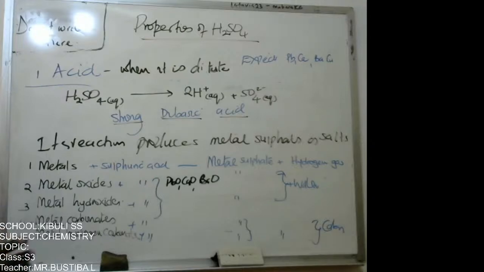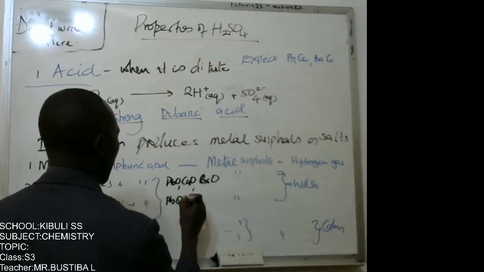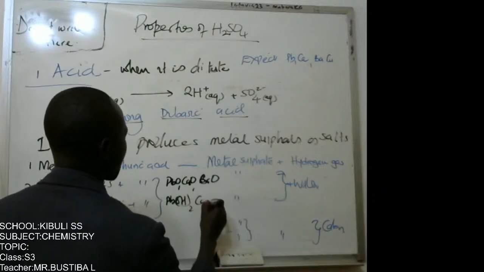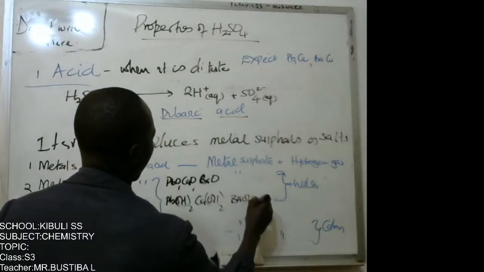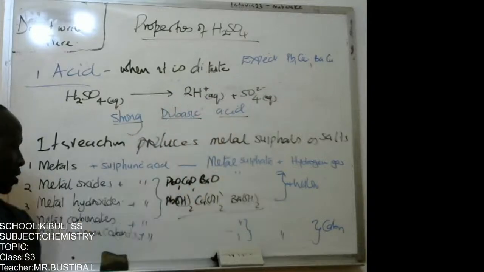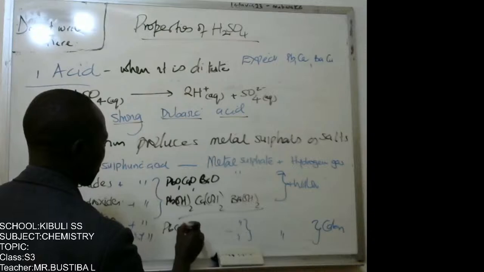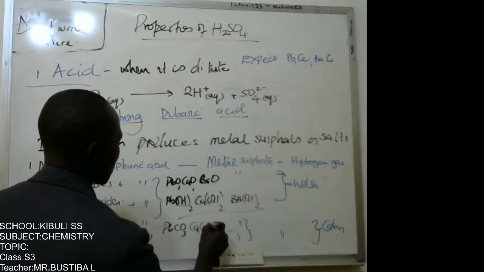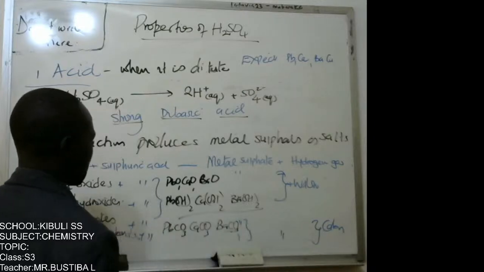It's basic enough. Hydroxides will be the same: Pb(OH)2, Ca(OH)2, and Ba(OH)2. No reaction. Same reason, insoluble sulfate. And so are carbonates. Lead carbonate cannot react. Calcium carbonate cannot react. Barium carbonate cannot react.